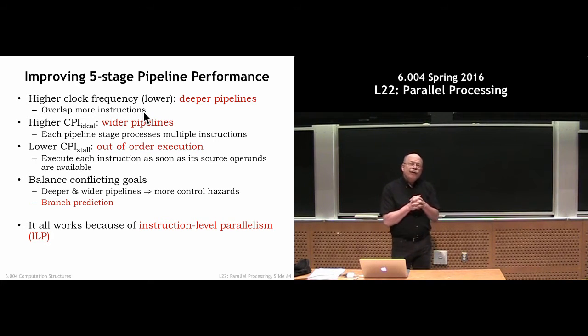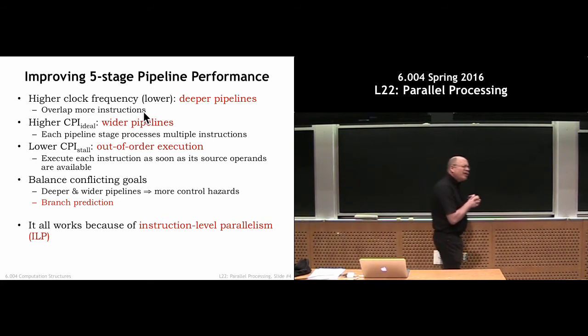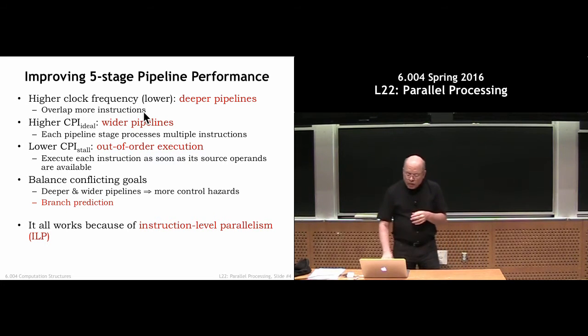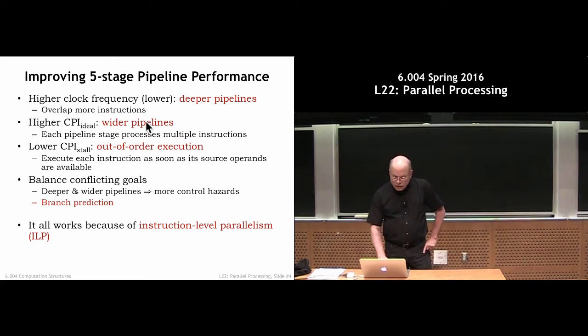If there's a branch every 6 instructions or so, having a 20-some-odd stage pipeline seems like a great idea, except that the branch is forever causing the pipeline to be flushed because it has to throw away the things in the IF stage, or however many pipeline stages the IF stage turned into. And so CPI stall starts to grow. So deeper pipelines are good for T-clock, but CPI stall tends to start to get larger.